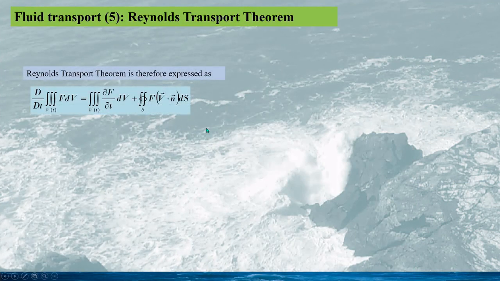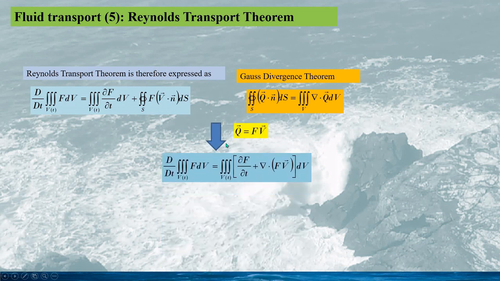Now we can do some more derivation on the Reynolds transport theorem. We can use the Gauss divergence theorem to change the surface integral into the volume integral. So we have this Reynolds transport theorem.